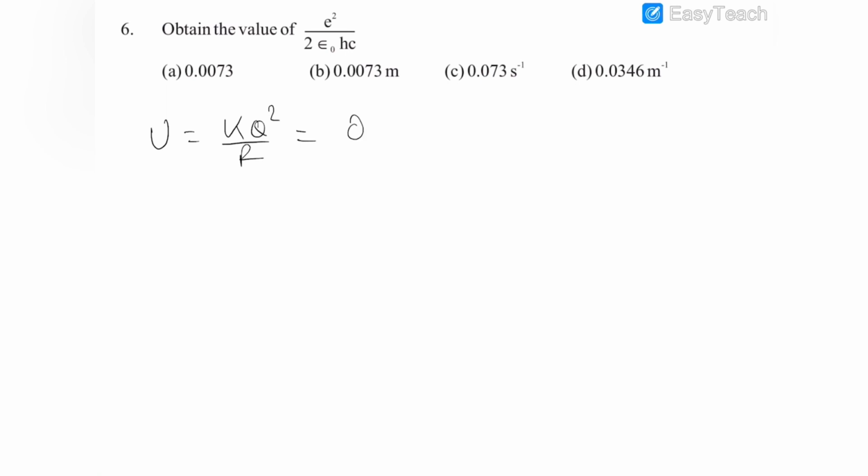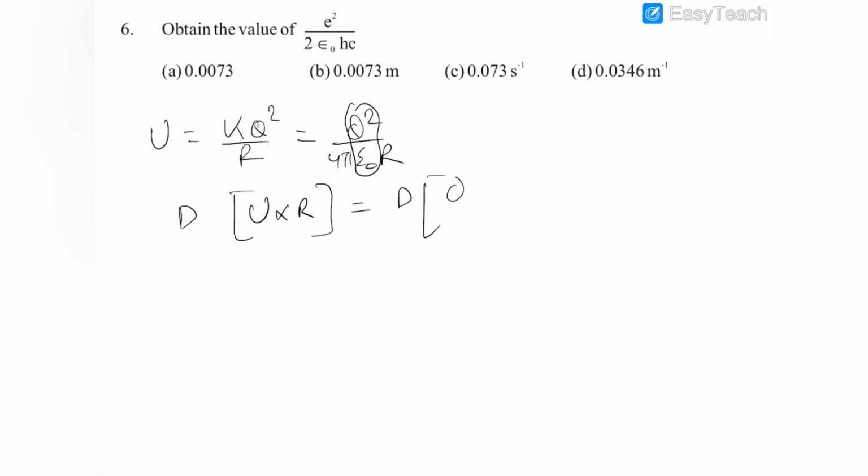So k is 1 by 4 pi epsilon naught, so this is q square by 4 pi epsilon naught r. So we can say that the dimensions of q square by epsilon naught are equal to U into r. So the dimension of energy into r is equal to the dimensions of q square by epsilon naught.